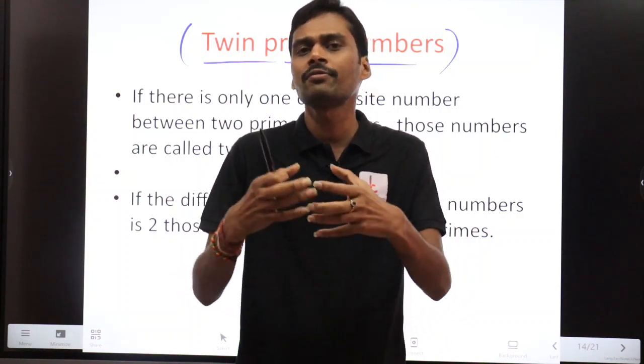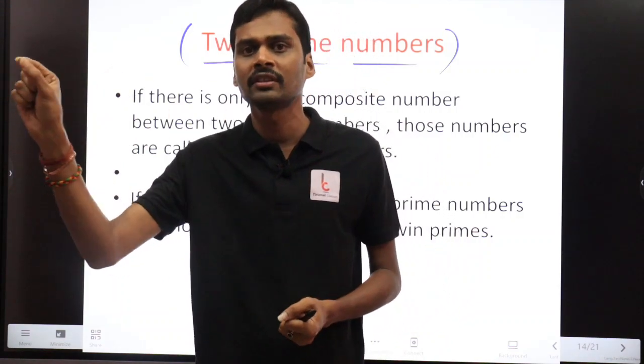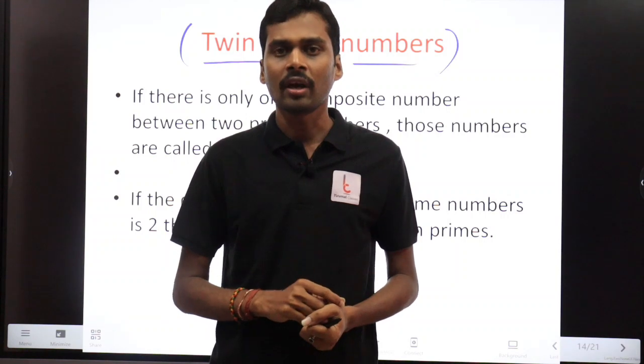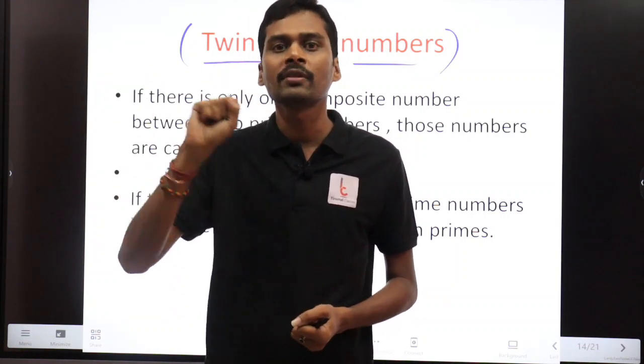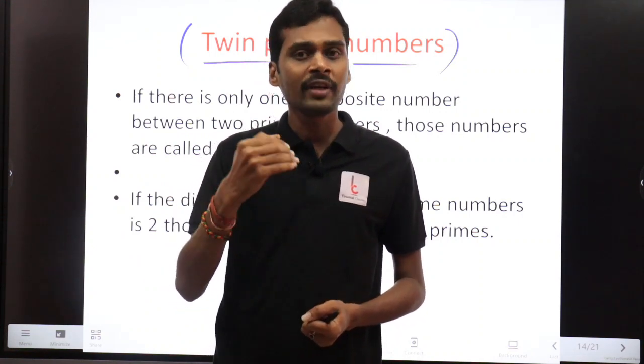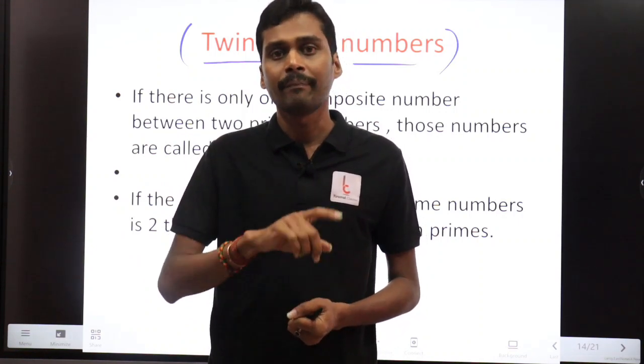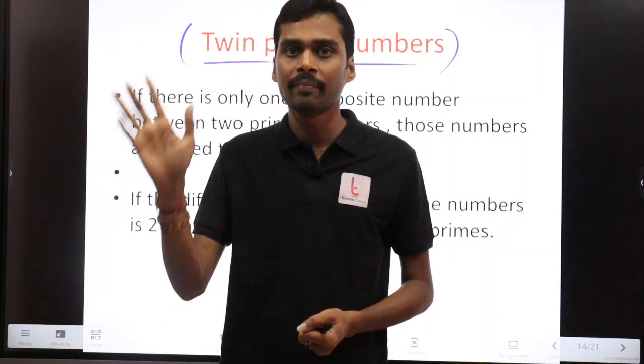Sometimes questions will be asked like which of the following numbers are twin prime numbers, or which of the following numbers are co-prime numbers, or which of the following numbers are composite numbers? So definitions are also important. But don't memorize them by heart, just remember them logically.